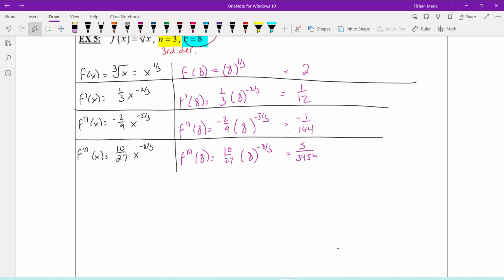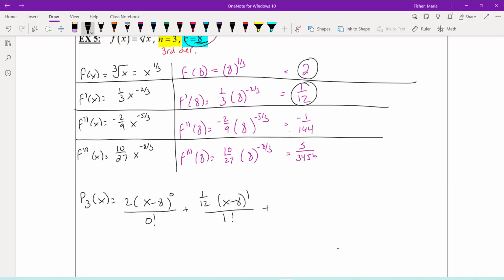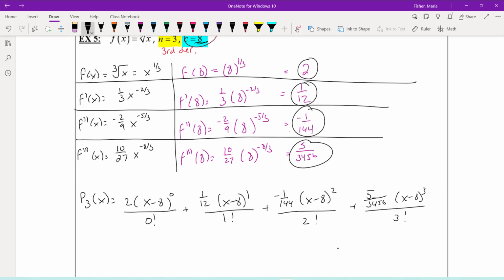Now let's build that third degree polynomial. That third degree polynomial would equal 2 times x minus 8 to the zero over 0 factorial, because again you're centered at 8, plus 1/12 times x minus 8 to the first over 1 factorial, plus negative 1/144 times x minus 8 squared over 2 factorial, plus 5/3456 times x minus 8 cubed all over 3 factorial.